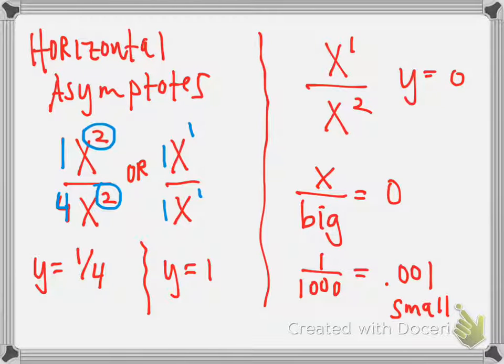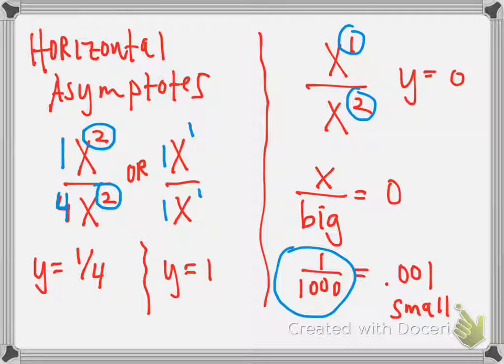The other way horizontal asymptotes can happen is if, on the top of the fraction or in the numerator, the highest degree is 1 degree lower than the bottom. So if this is smaller, 1 is smaller than 2. What happens is as you get really big numbers down here in the bottom, because you're squaring them or raising them to a higher power, you get a small number over a big number.